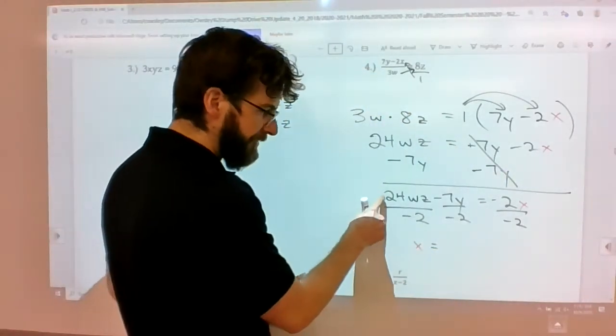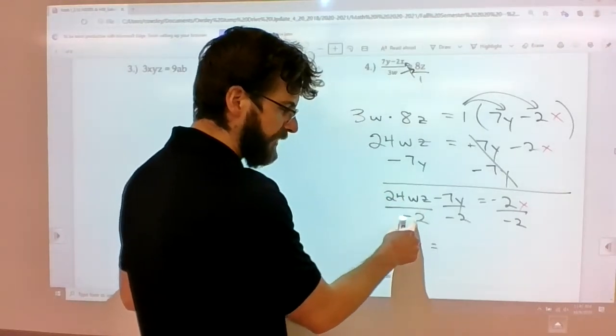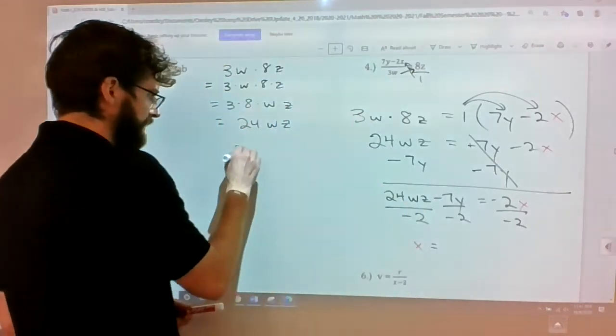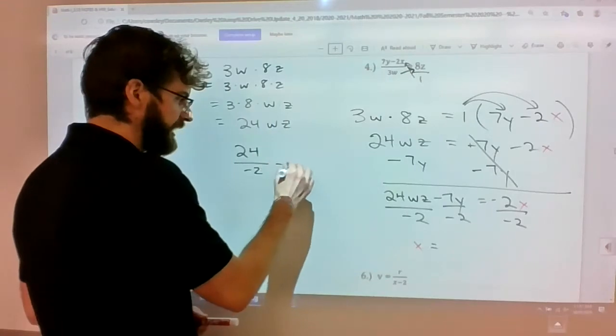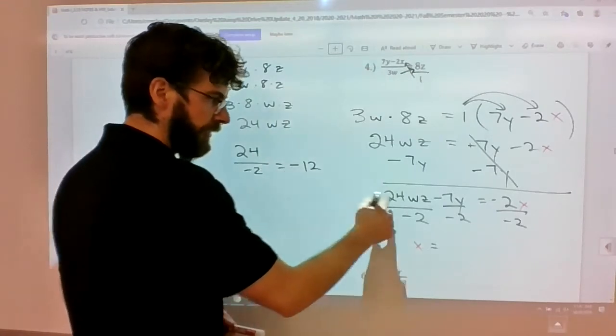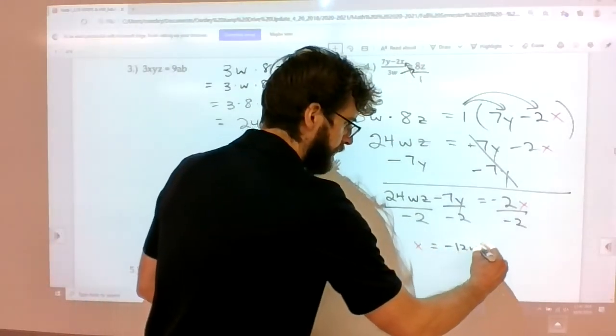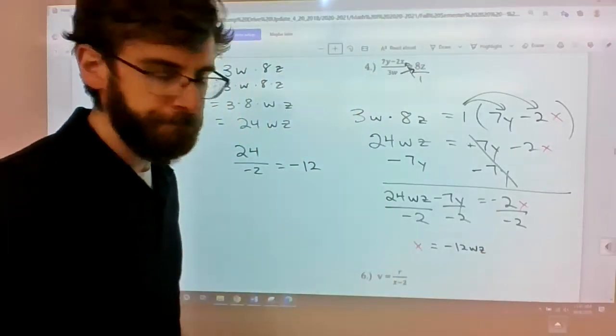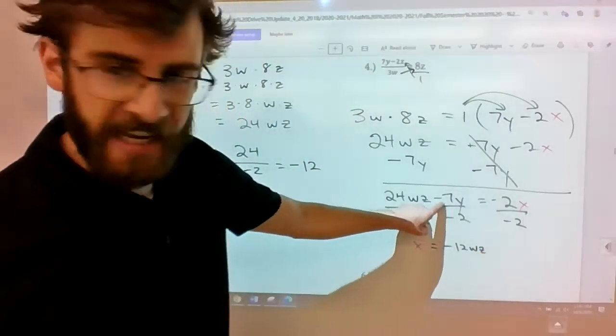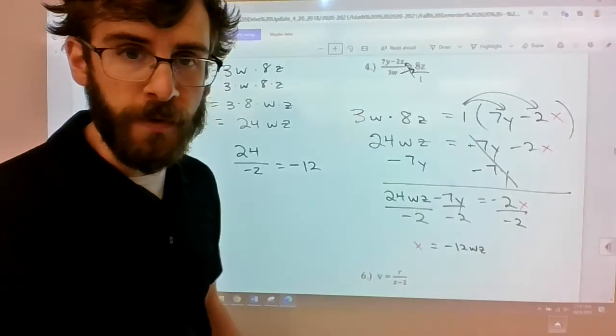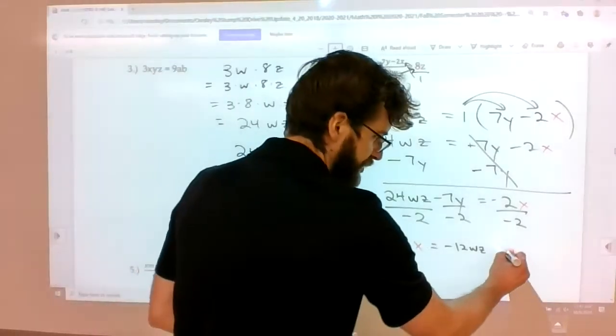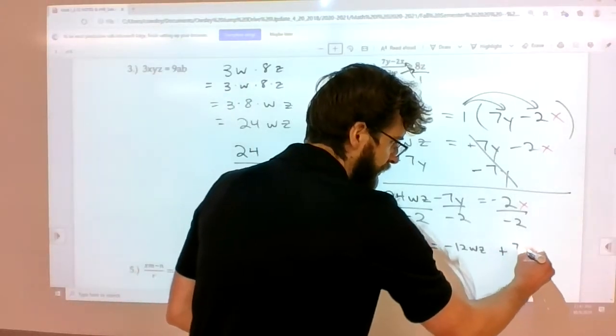And then I'm going to simplify 24wz over negative 2 and call it negative 12wz. And then negative 7 divided by negative 2 yields a positive value. So it's just going to be plus 7y over 2.